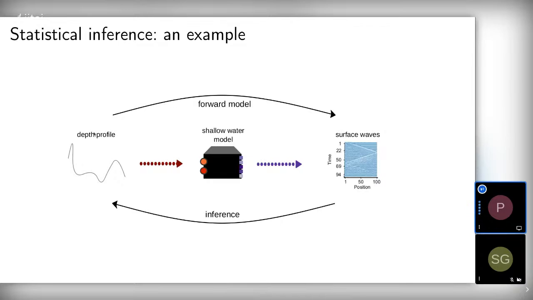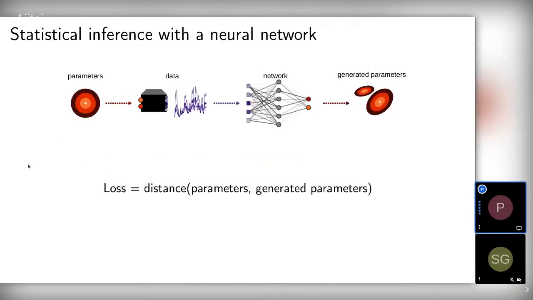And so we know what to do when we have problems with input-output mappings. We use a neural network to do this inference for us. How does it work? You pick the parameters that you want. In our case, this is the depth profile. You plug it into your simulator, which is our shallow water model, and you get some data out of it, so the surface waves.